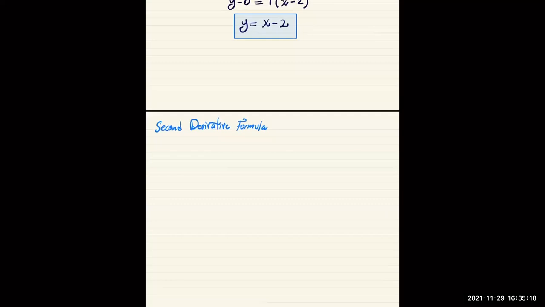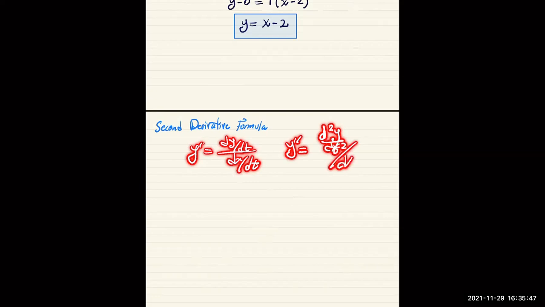All right, so people might say, since the first derivative is dy/dx, which is dy over dt divided by dx over dt, then the second derivative is d squared y over dt squared divided by d squared x over dt squared.